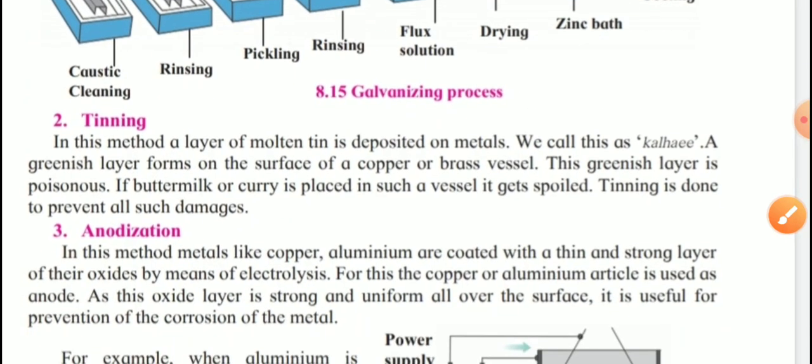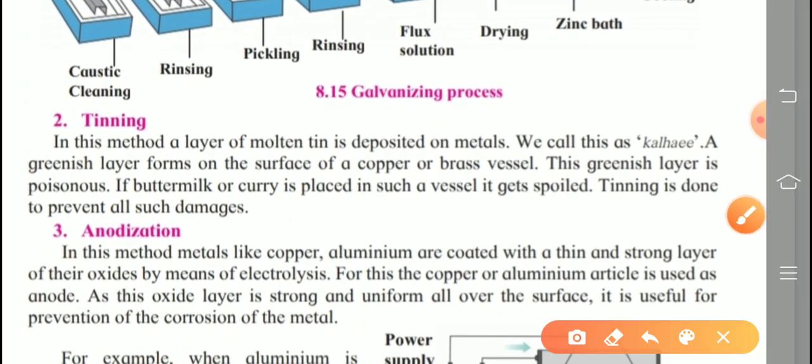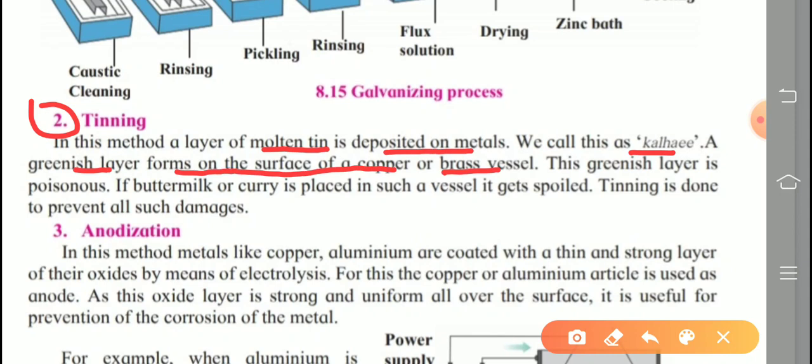The next process given here is tinning. Write a short note on tinning; the question is asked this way. In this method, a layer of molten tin is deposited on metals. We call this kalai. A greenish layer forms on the surface of copper or brass vessels.